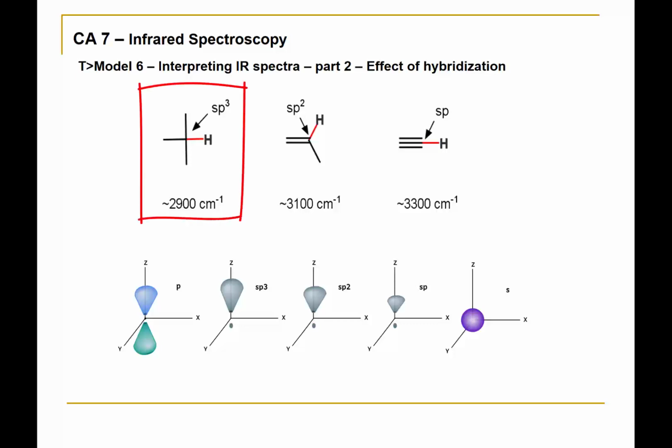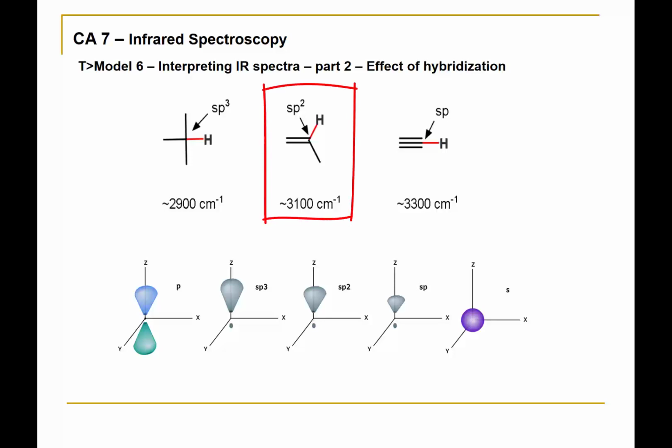We've already mentioned that a typical carbon-hydrogen bond, where the carbon is sp3 hybridized, will show up in an infrared spectrum around 2900 centimeters to the minus 1. As it turns out, if the carbon is sp2 hybridized, or sp hybridized, then the signal shows up in a different spot.